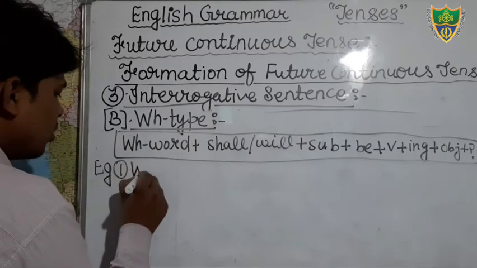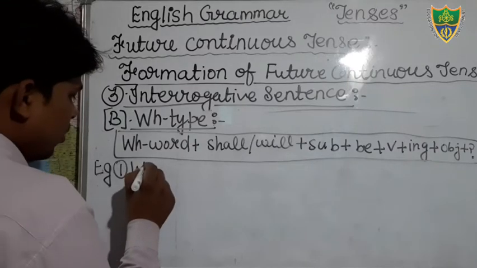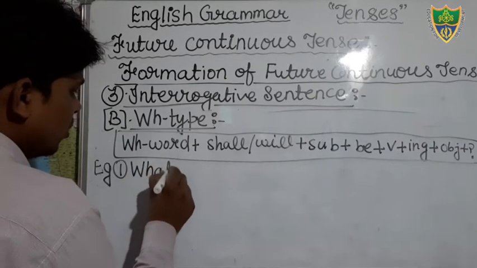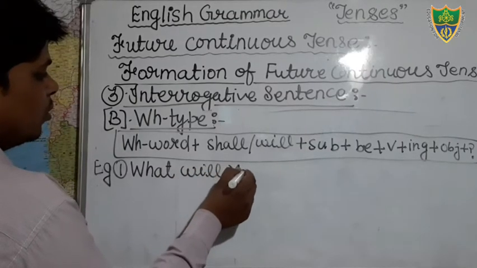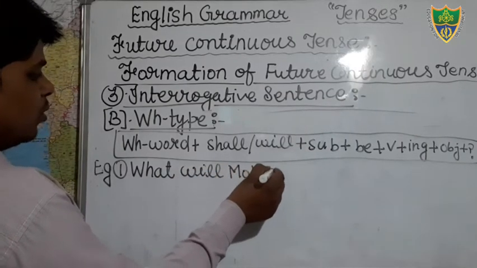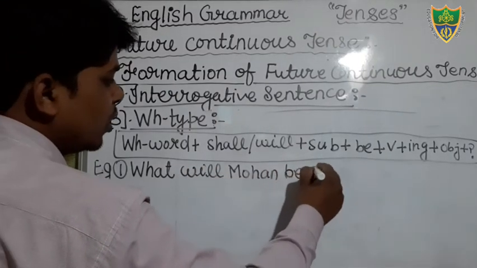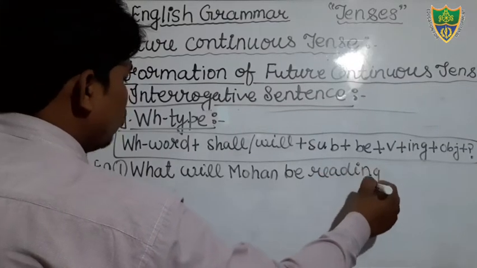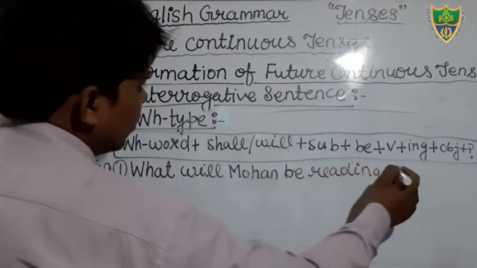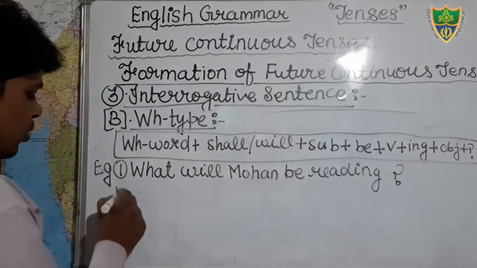Now we can see the sentences. What will Mohan be reading? You can also mention the object if you need.